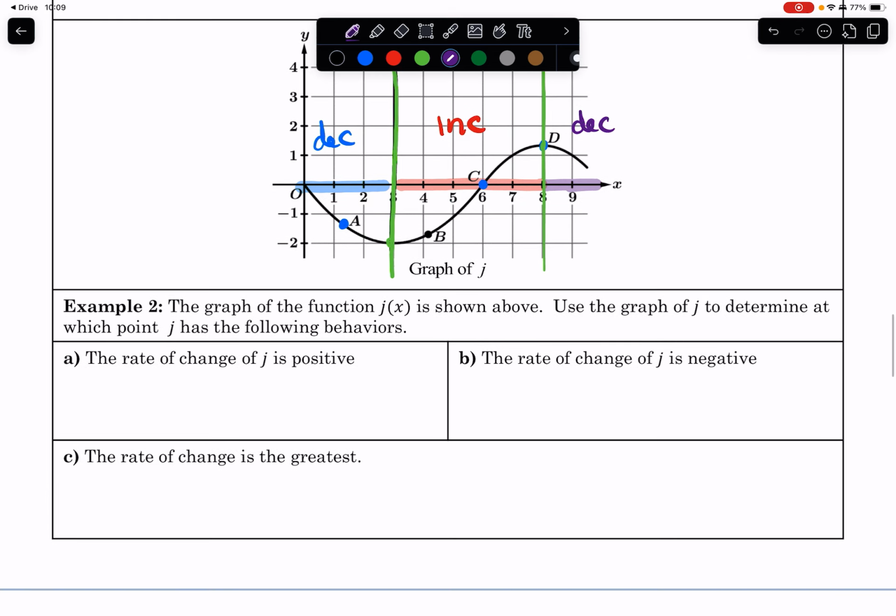So the graph of the function j is shown above. Use the graph of j to determine at which point j has the following behaviors. So we're looking for where the rate of change of j is going to be positive. Well, it's going to be positive wherever the function is increasing.